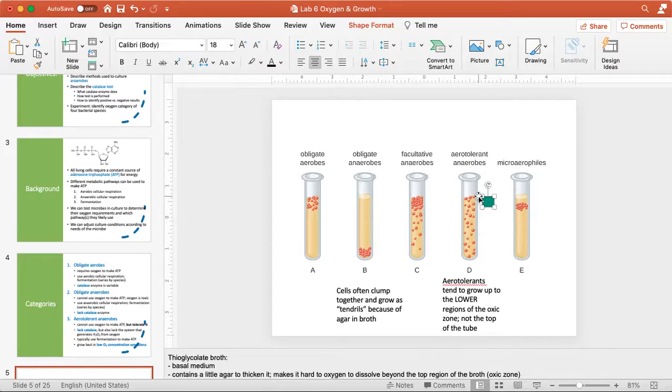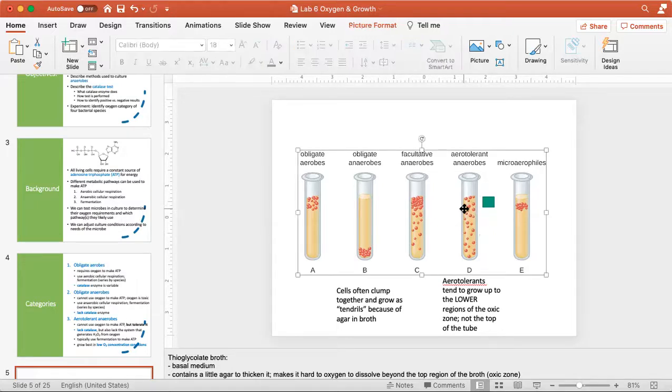These organisms do not grow in the top half of the oxic zone, but they do grow in the bottom half of the oxic zone. In fact, they grow best in the bottom half of the oxic zone. They can also grow in the rest of the tube because remember, they don't need oxygen.